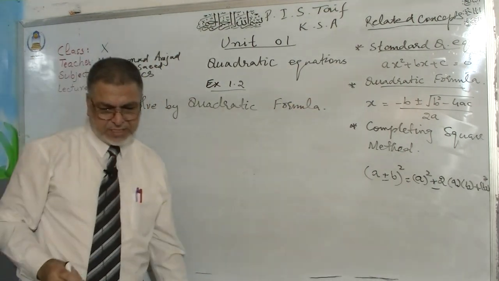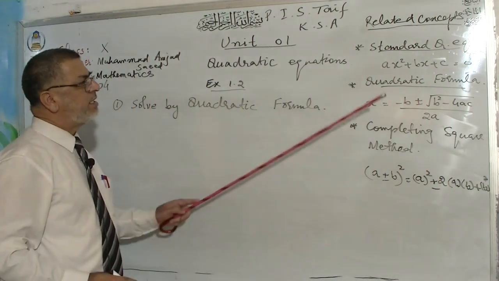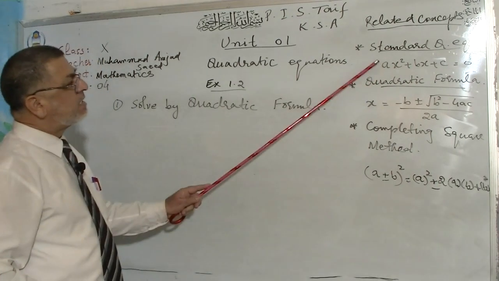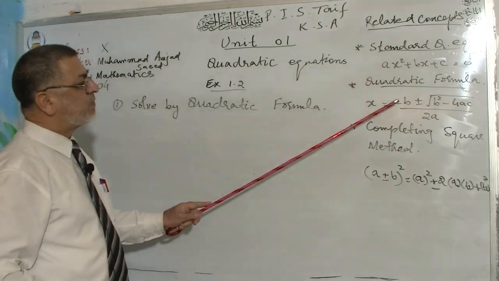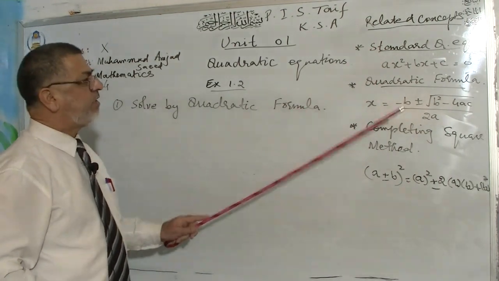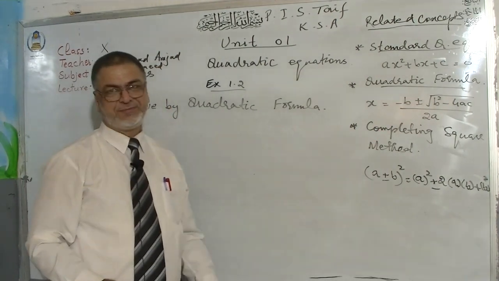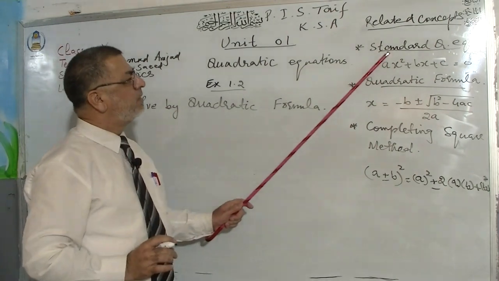First of all, you must understand, last time I gave you this question, a standard quadratic equation to solve by completing the square. The answer must be this one. This is the solution of the standard quadratic equation, which is known as the quadratic formula. Remember that, I am repeating again.